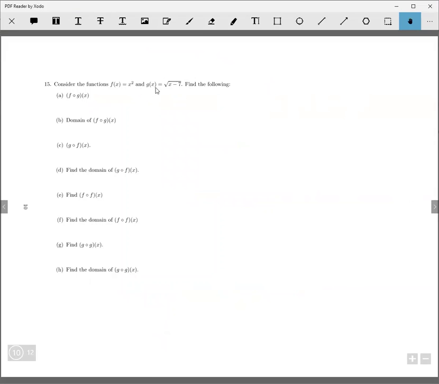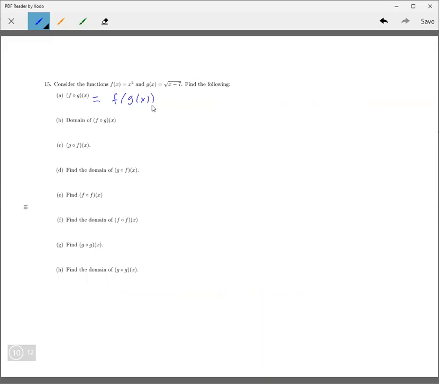Consider these two functions and find the following. So first of all, f of g of x. Replace the g of x with whatever g of x is, which is the square root of x minus 7.